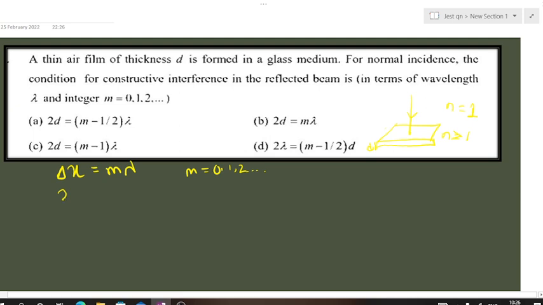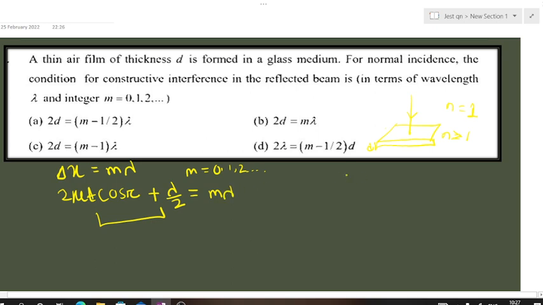One is 2 mu t cos r, which we normally use for the reflected surface, plus an additional path difference of lambda by 2 due to the thick glass film. This total path difference should be equal to m lambda.